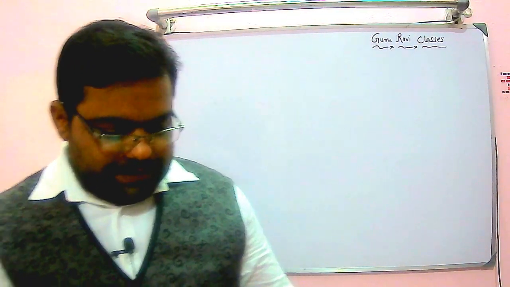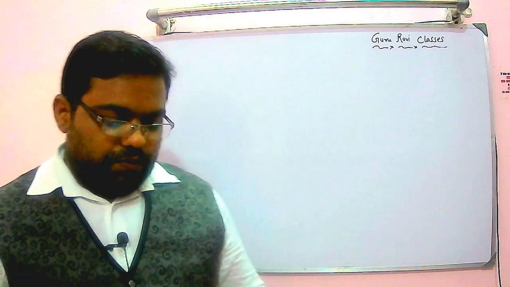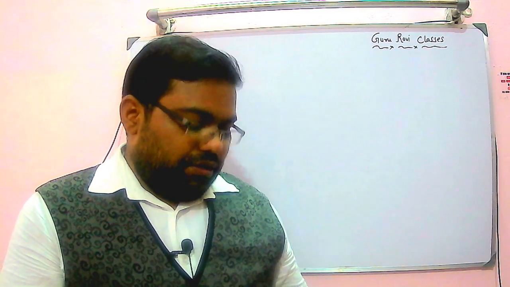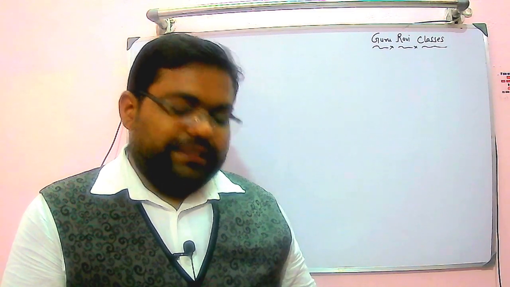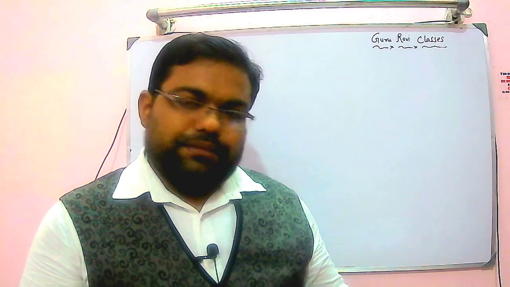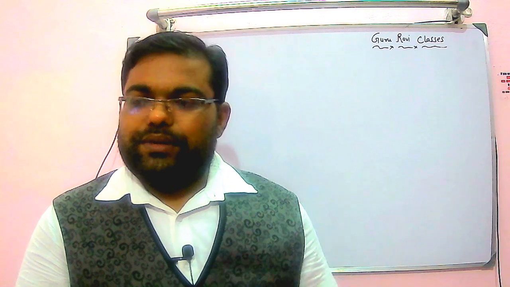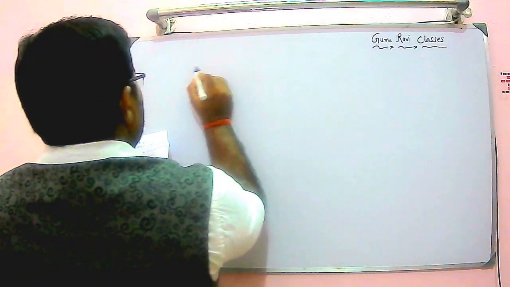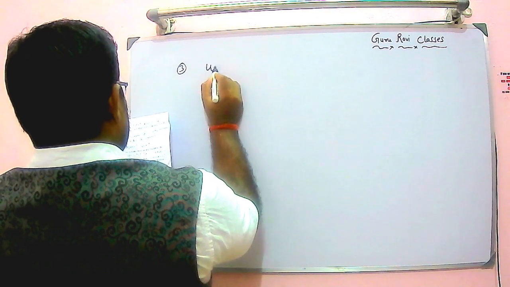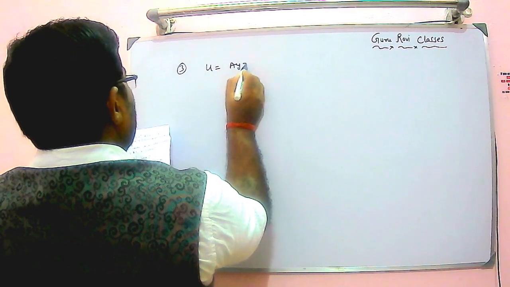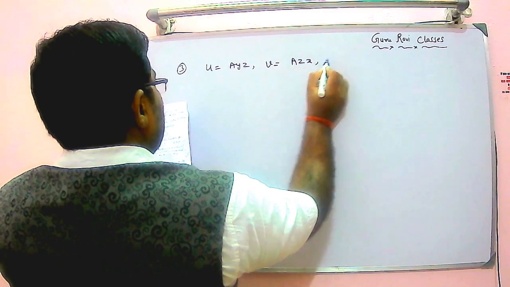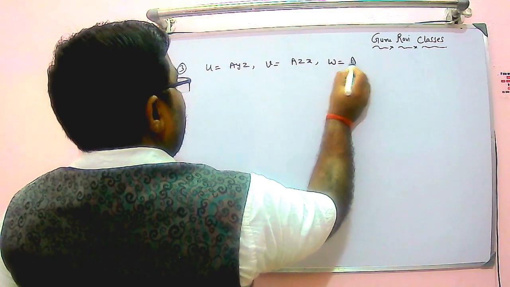The next problem says: determine whether the flow is rotational or irrotational. Some velocity components are given and you need to find out whether the flow is rotational or irrotational. What are the velocity components given for the third? u is equal to a y z, v is equal to a z x, and w is equal to a x y.